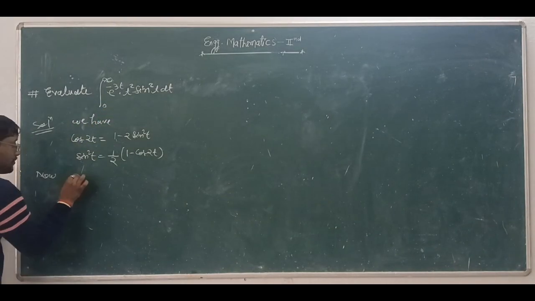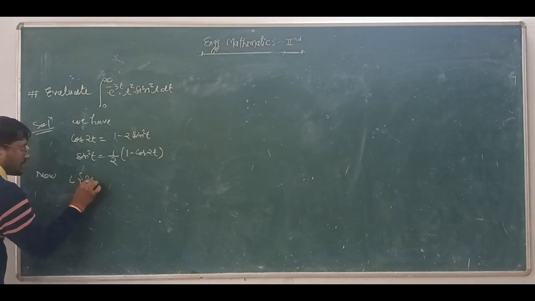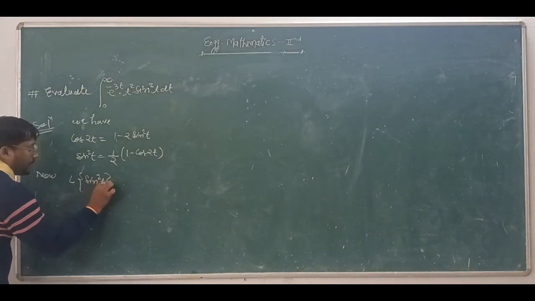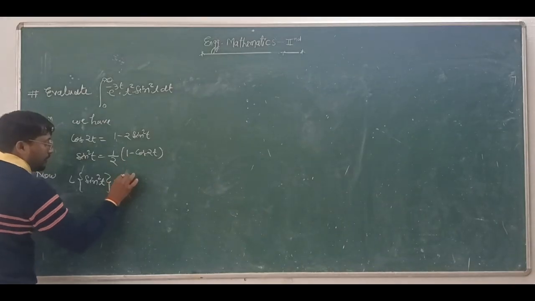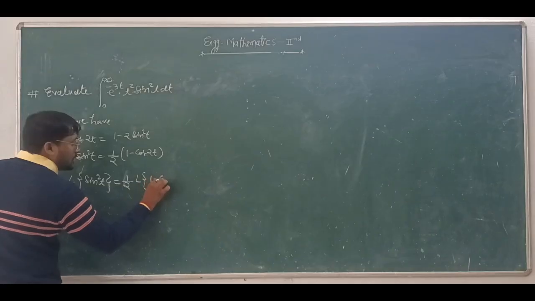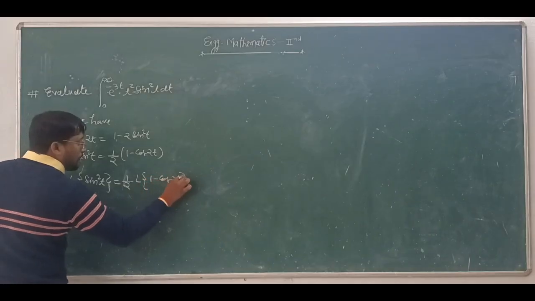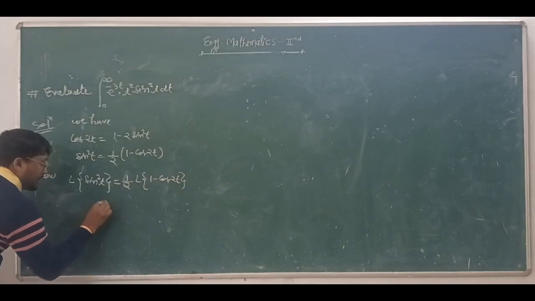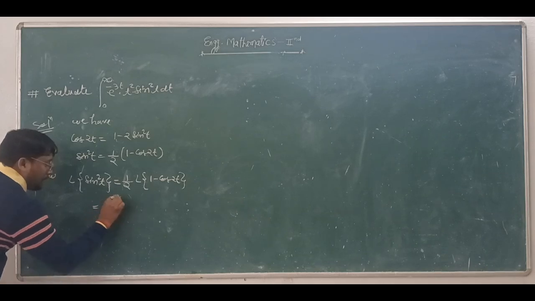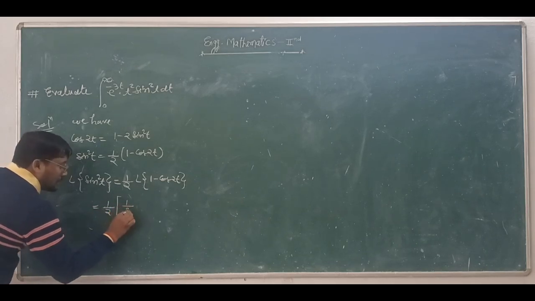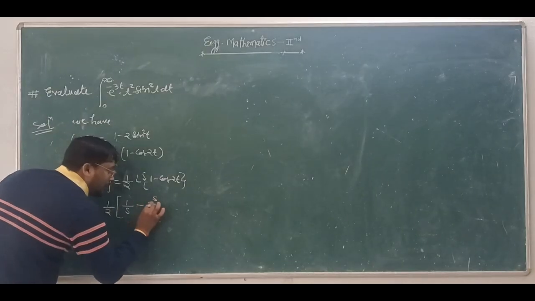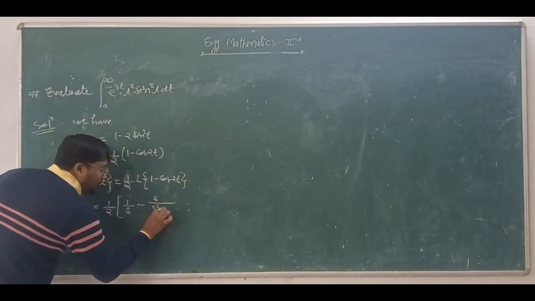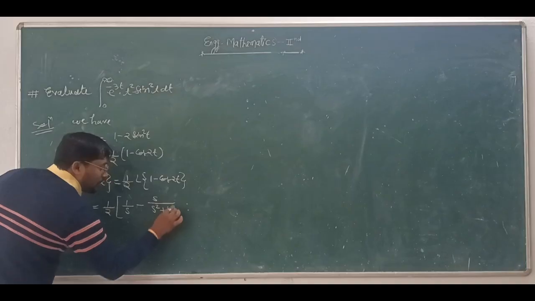The Laplace of sin square t is 1 by 2 L of (1 minus cos 2t). The Laplace of 1 is 1 by s, minus the Laplace of cos 2t, which is s upon s square plus 2 square, meaning 4.